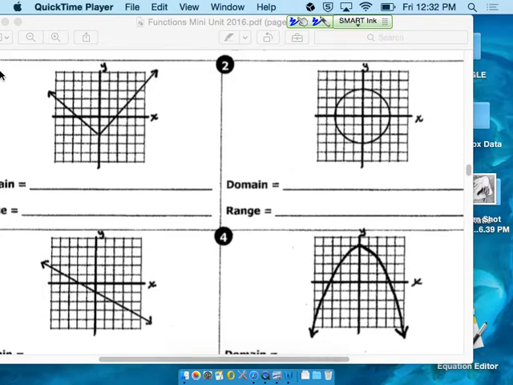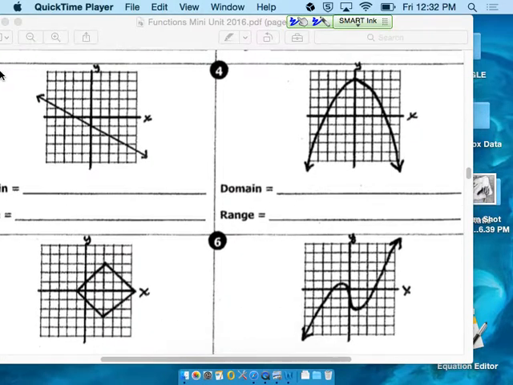So let's go down and look at number 4 for notation purposes. So the domain for number 4, remember domain's associated with x, range is associated with y. My domain, this graph looks like it's growing in the direction of infinity in both directions on the x-axis without end. So I would have to assume that the domain here is all real numbers, all reals.